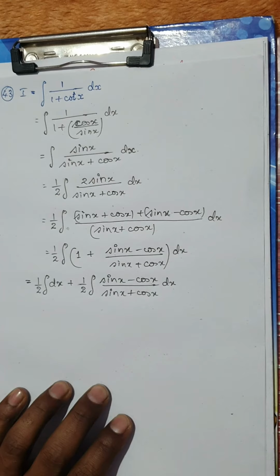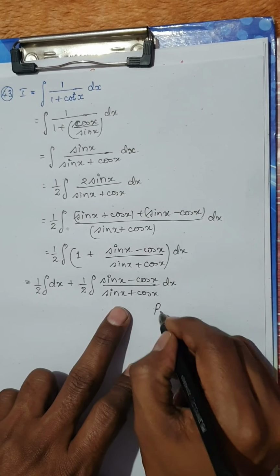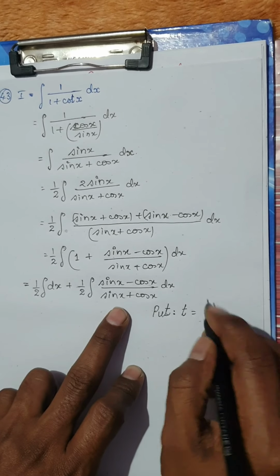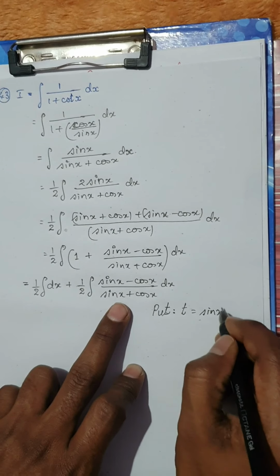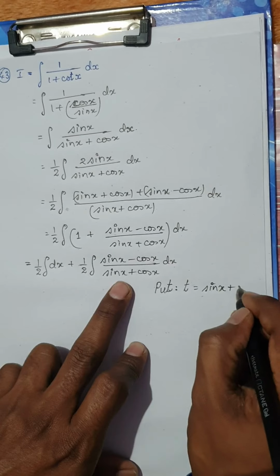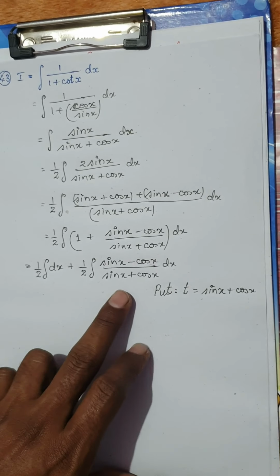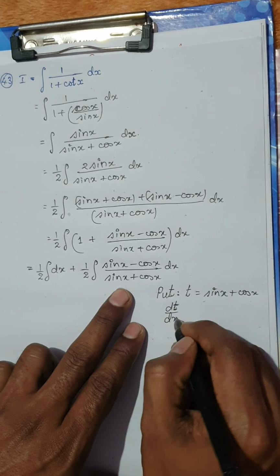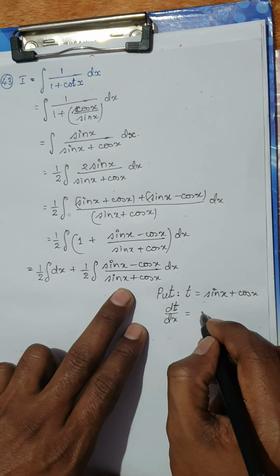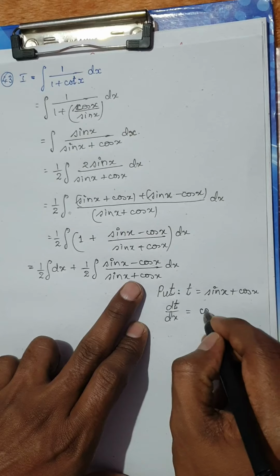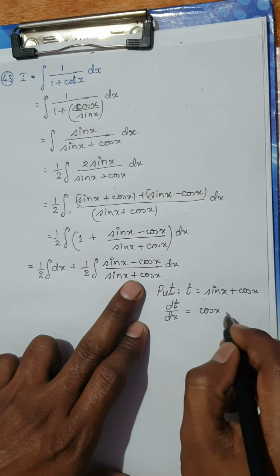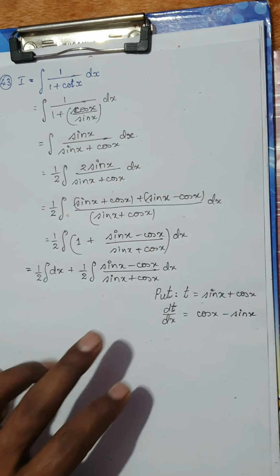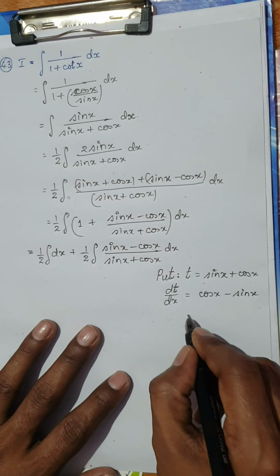Now let me put t as the denominator, sin x plus cos x. So finally dt by dx would be, now the derivative of sin x would be, remember, cos x, and the derivative of cos x would be minus sin x. I am going to make some arrangement here.